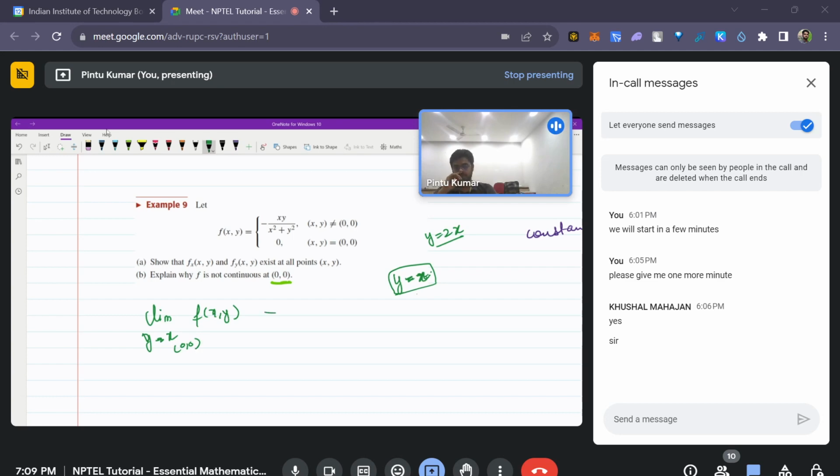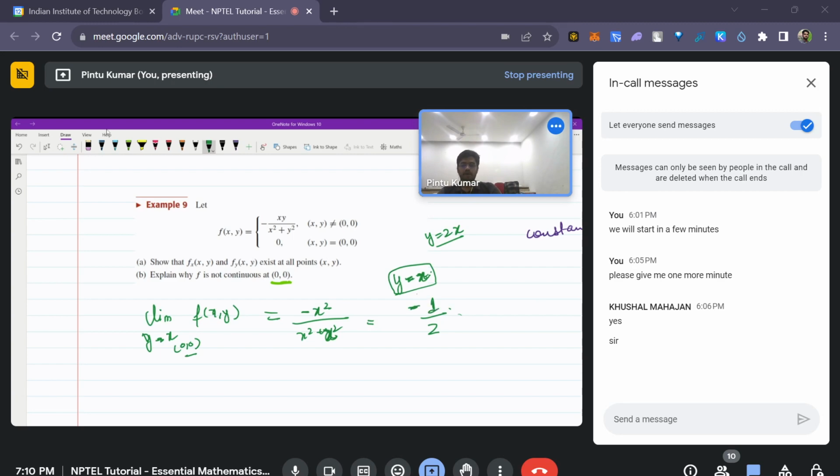So this would be minus x square divided by x square plus y square. So this will again be x square, so this is minus 1 upon 2, right? So if I'm approaching point 0 comma 0 along this line y is equal to x, then the function value is tending to minus 1 by 2.